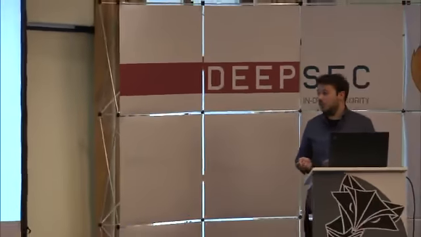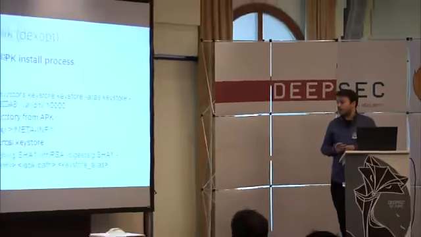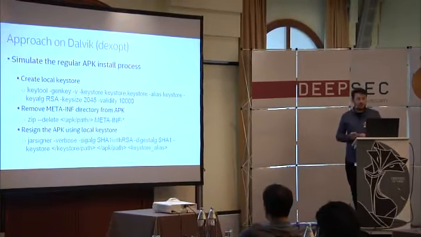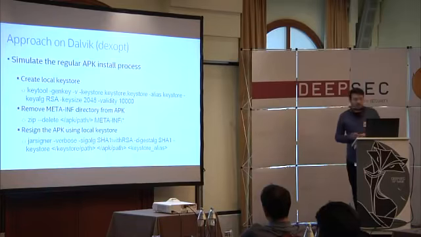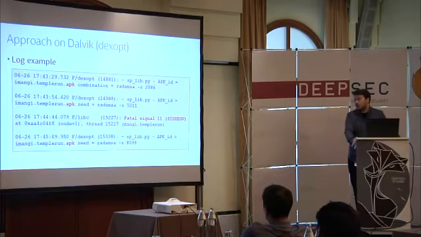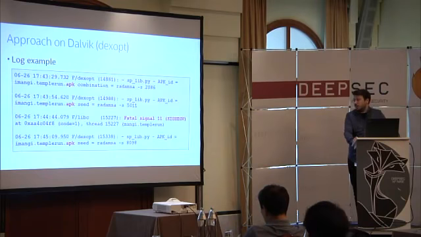We need to create a local keystore so we can actually sign the APK. We can do this with the keytool command. We remove the previous signing information by removing the META-INF directory, and we re-sign the APK using our local keystore so we can actually install the APK.